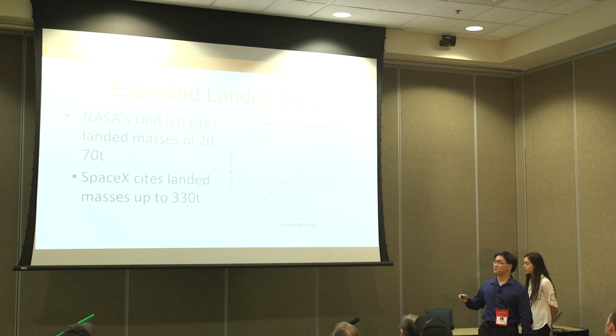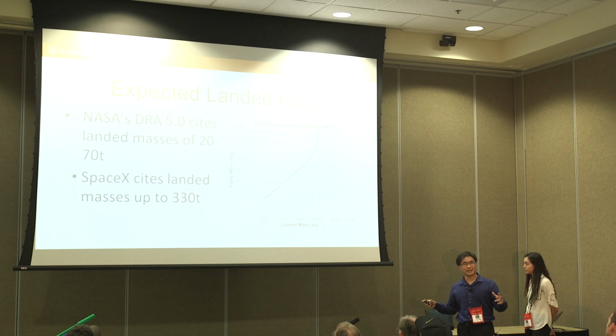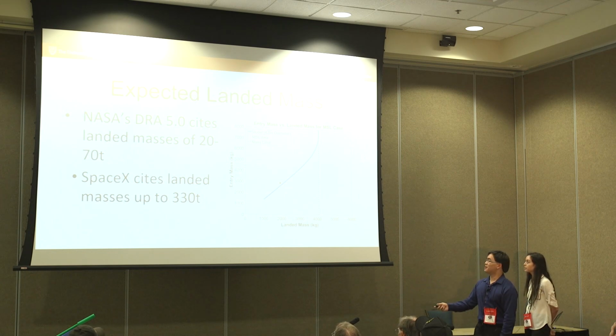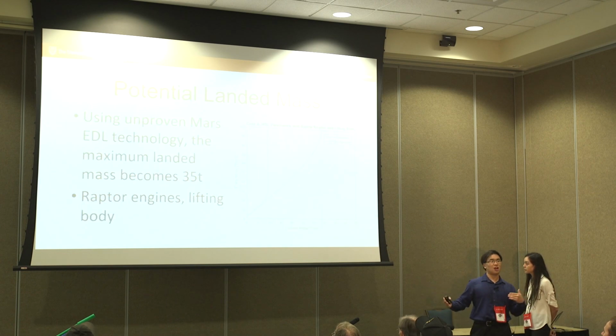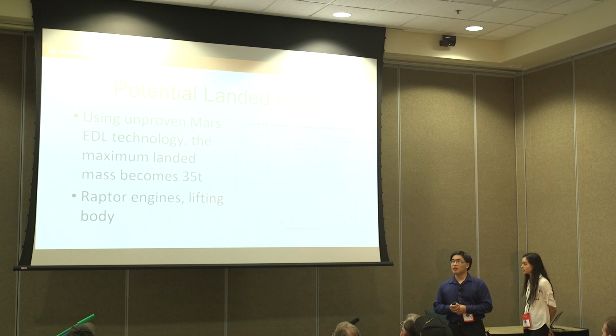Just as a reminder, NASA wanted about 20 to 70 tons for its habitat landing, and SpaceX wants 330 tons. So where are we going to cover that gap? This was a couple years ago, and we were like, what are we going to do? So we tried initially to start stretching the envelope of what we could do with EDL.